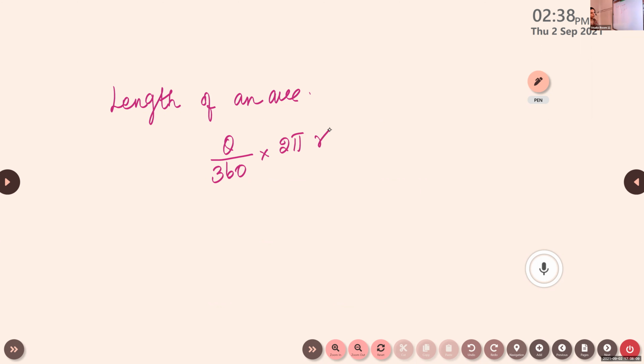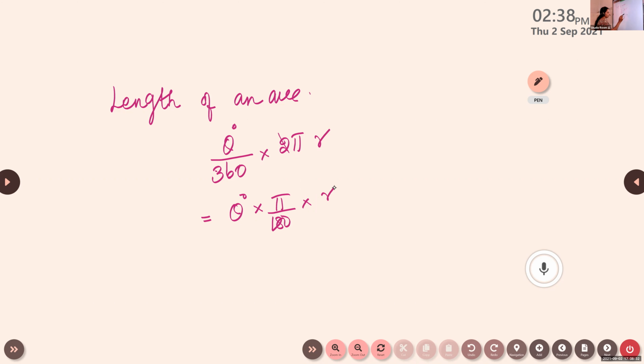Here we write theta in degrees, 60 degrees, 45 degrees. We substituted this value and calculated. Now look here: theta into, if you cancel the 2, it will be pi by 180 into r. We are multiplying an angle by pi by 180.